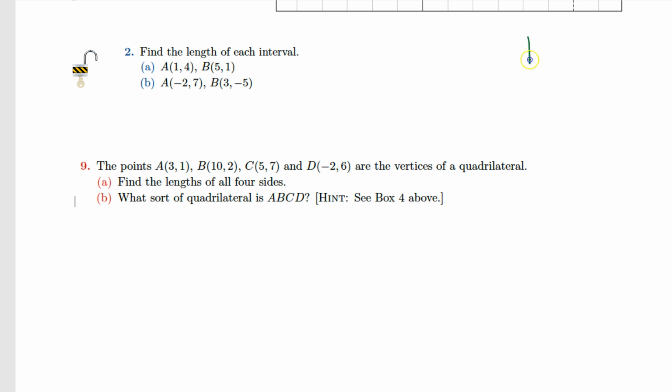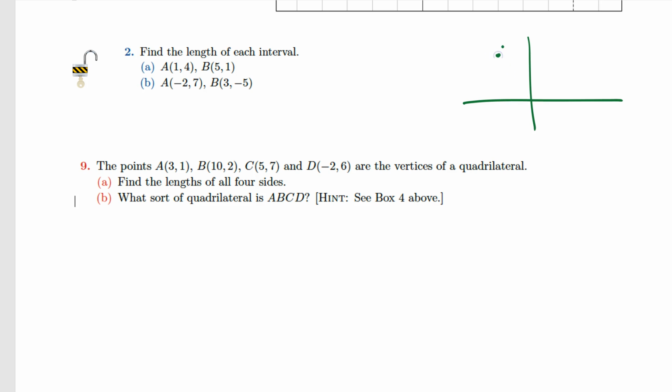And while you can do this without a diagram, for me, if you draw up a diagram at every chance you get, it just helps your interpretation of the question. So we want the length of the interval from -2 to 7, so it just makes me think about which is the x and which is the y.